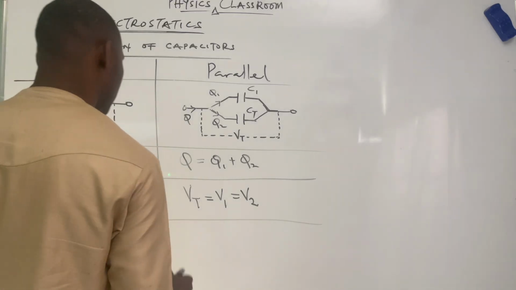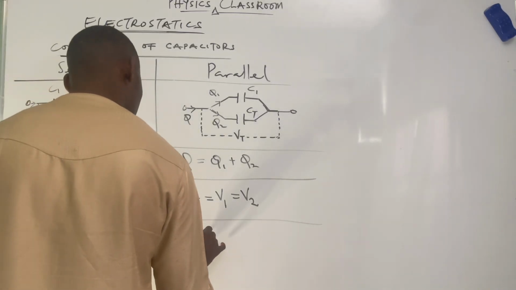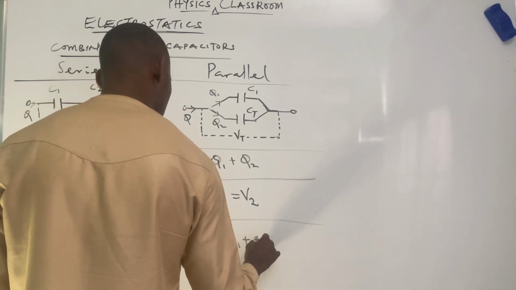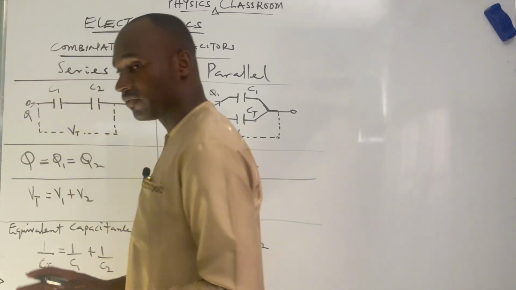Then for capacitors arranged in parallel, we have CT is equal to C1 plus C2. Please take note of that.